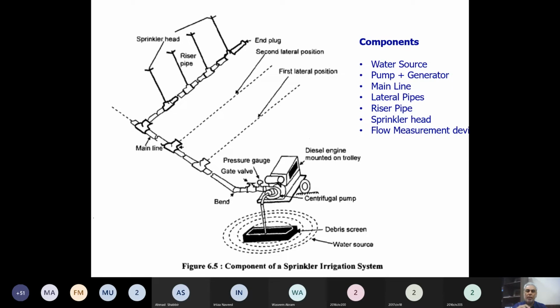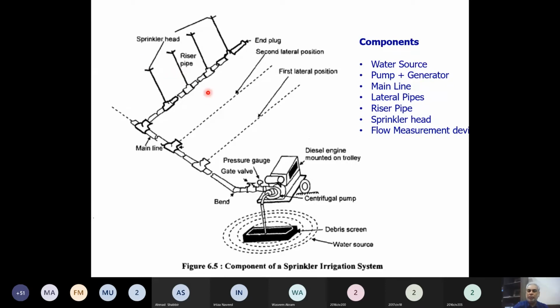Their spacing depends upon their effective radius up to which they can supply water. Effective radius is dependent upon the diameter of the nozzle and the pressure in the pipe. So depending upon the pressure, different nozzles are available. You can select from the market. Different sizes of nozzles are available.